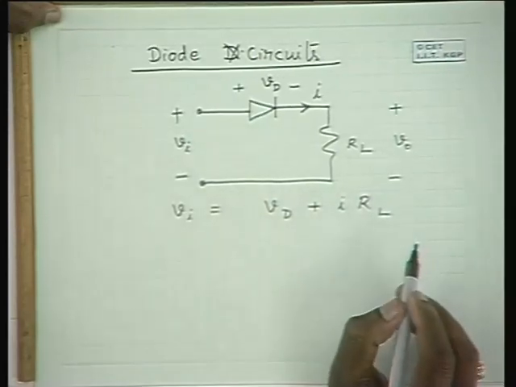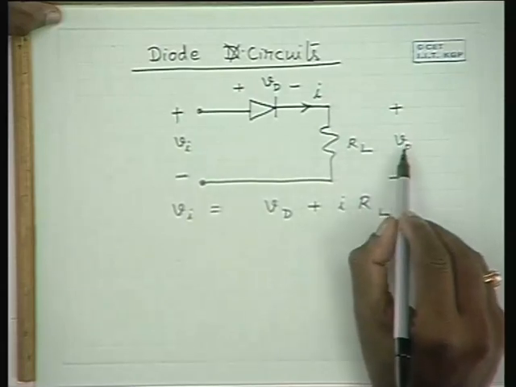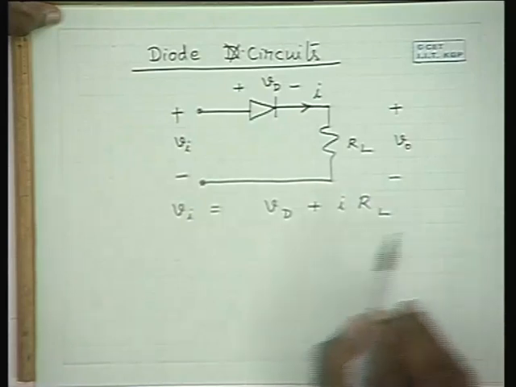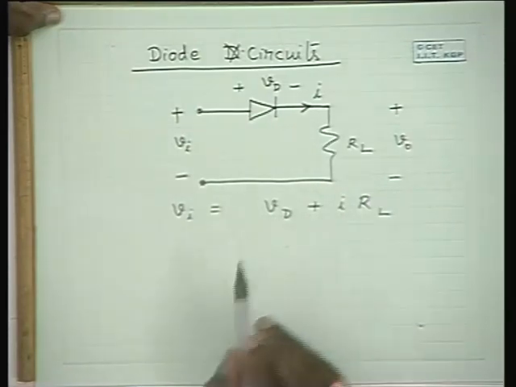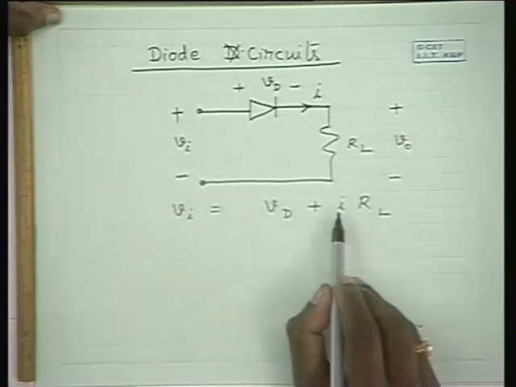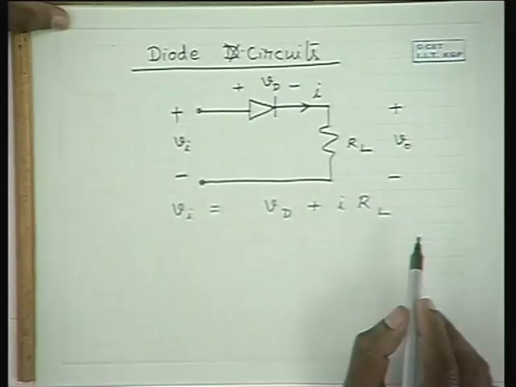So this is one equation. We are interested in finding out V naught or the current. Now here we have two variables, Vd and I. Vi is given and RL is given. We are interested in finding out I. How do we solve this?